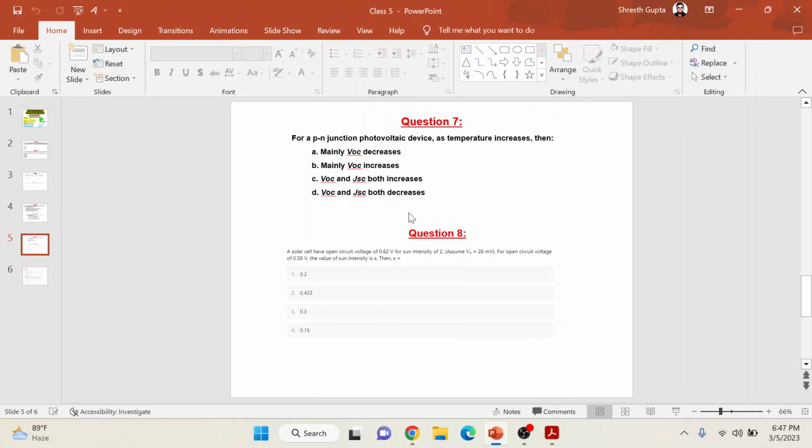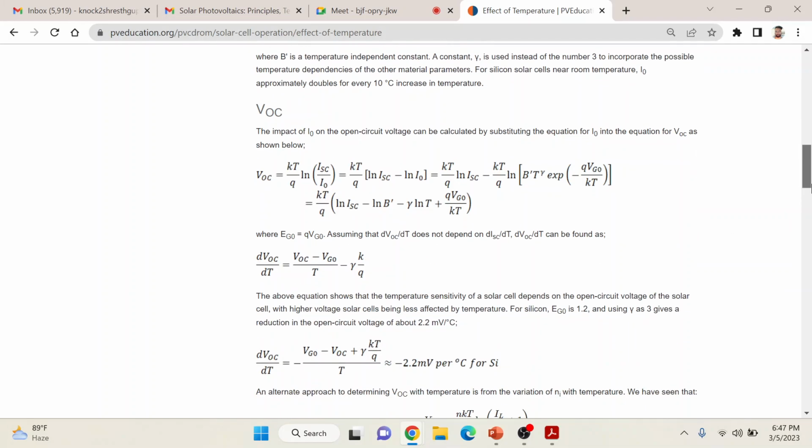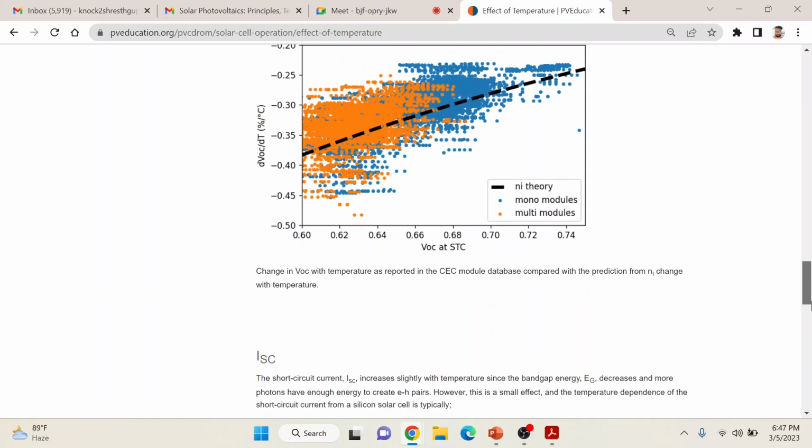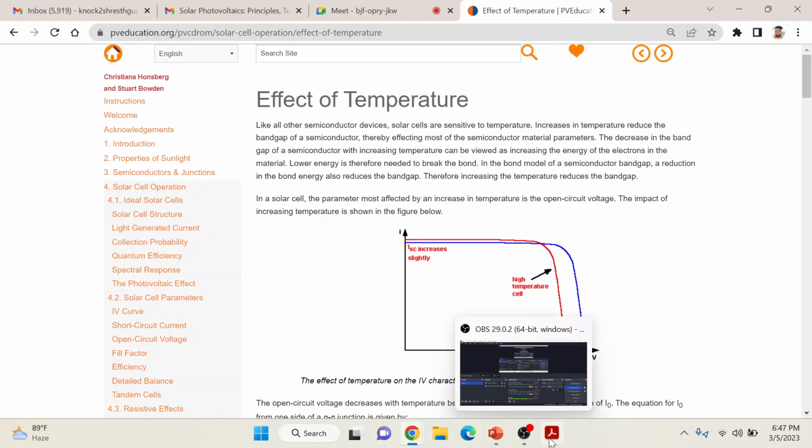If you look over this equation, the impact of I naught on the circuit can be calculated by these equations. The general theory is that at high temperature, ISC increases slightly and VOC decreases. So this is the effect of temperature on the short circuit current and the open circuit voltage.